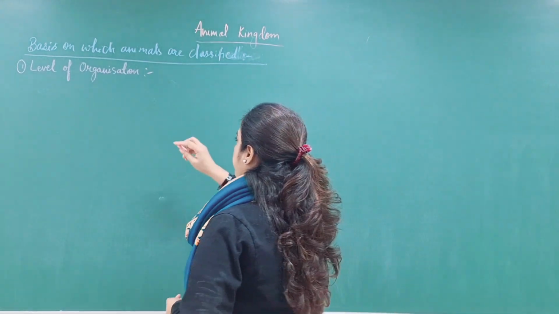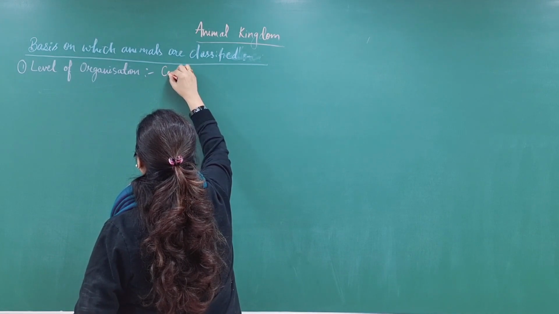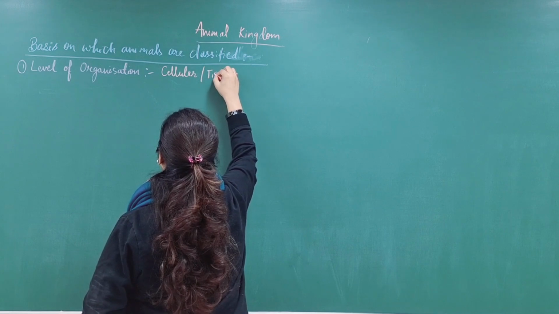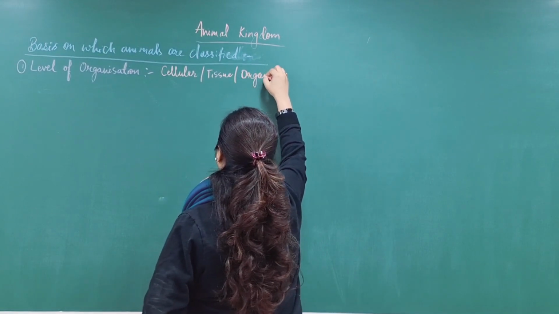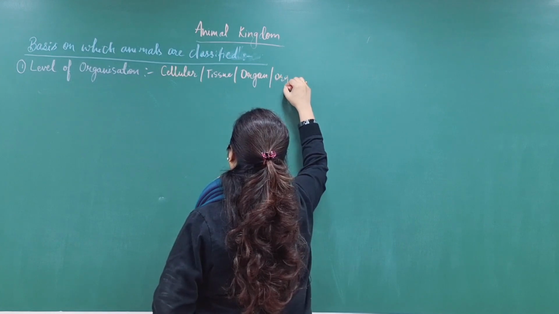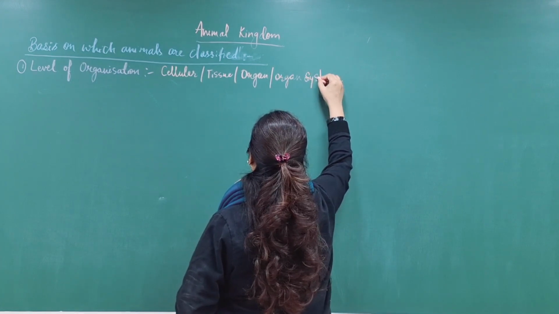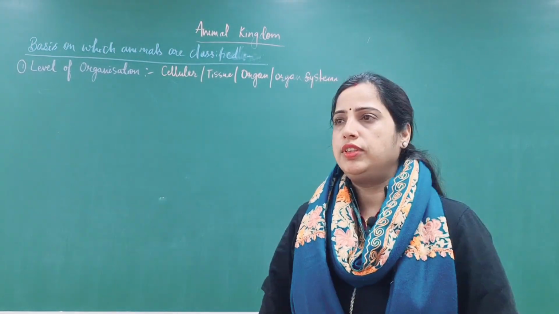So this is one of the important bases, that is, level of organization: whether the organism is cellular, or tissue level, or organ level, or organ system level. I hope you are getting it. This is one of the bases.